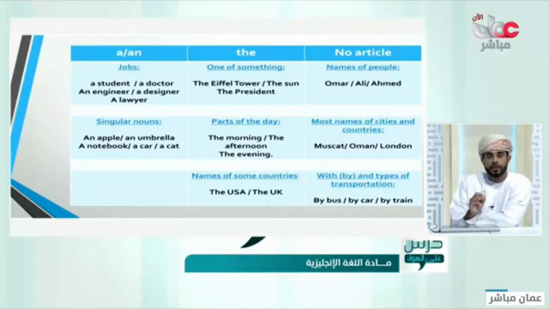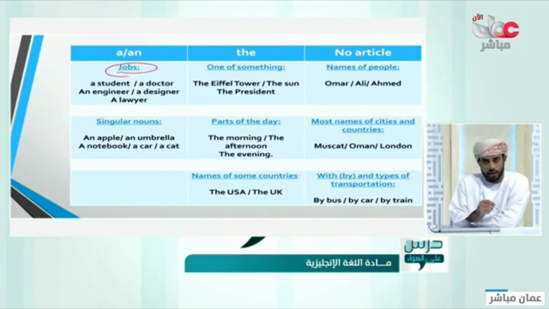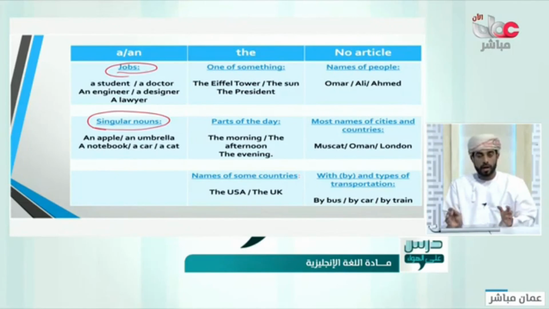What are some of the words that we can use "a" and "an" with? We use them with jobs, like a student, a doctor, an engineer, a designer, a lawyer. We can also use them with singular nouns like an apple, an umbrella, a notebook, a car, a dog, a cat. Those are some normal names that we use.